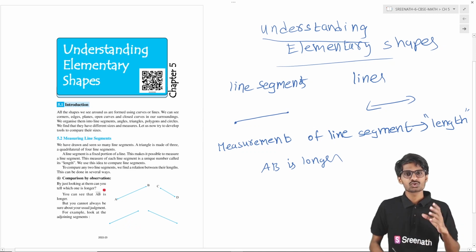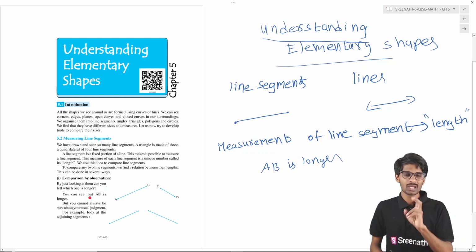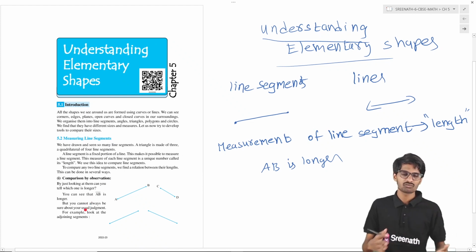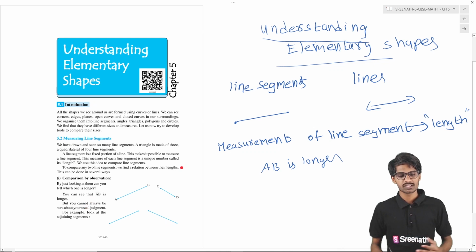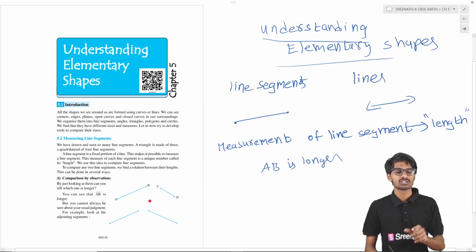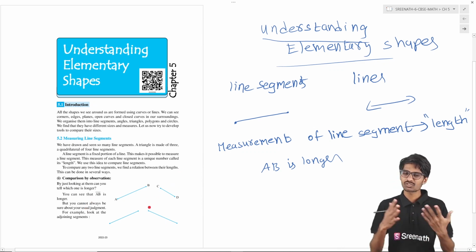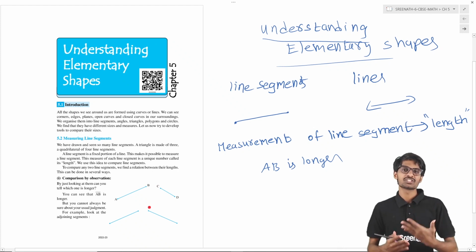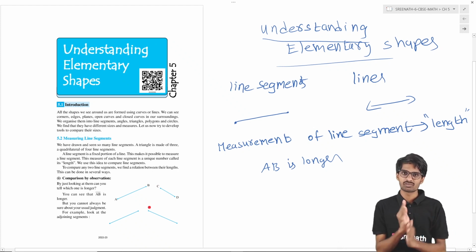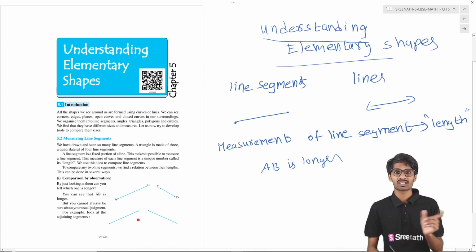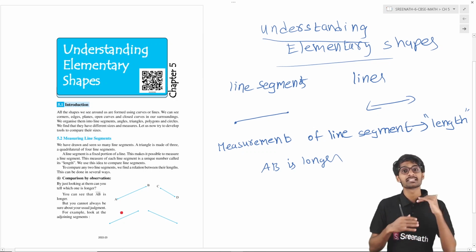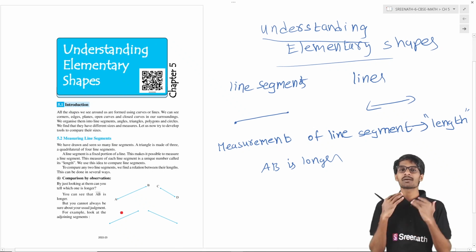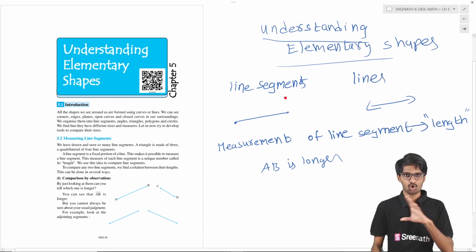So the method of comparing two line segments by our observation, by using our eyes, is not a correct method. If there is a considerable difference between two line segments, we can easily judge which is longer or shorter. But whenever they have approximately the same length, we can't judge easily. It takes some time, it is somewhat difficult, and there will be some errors. So this method is not good.